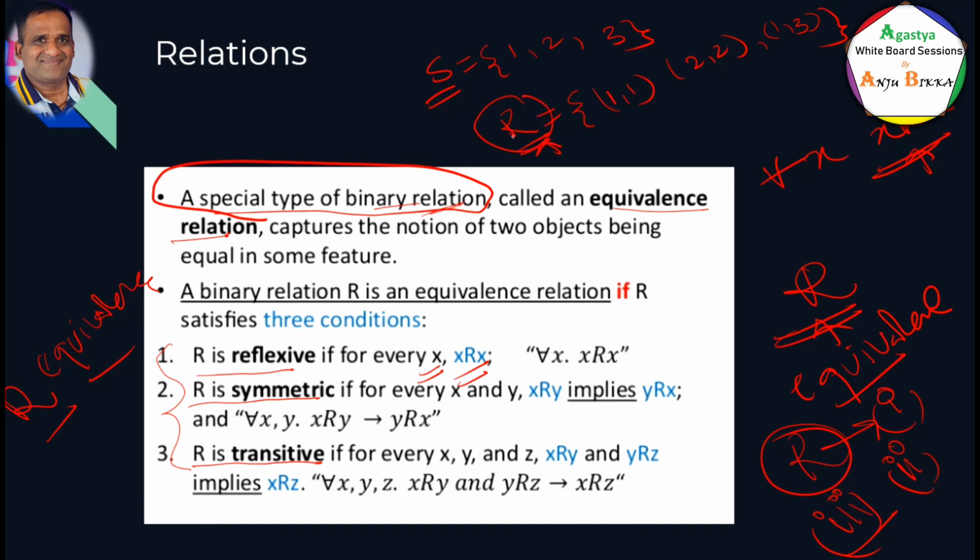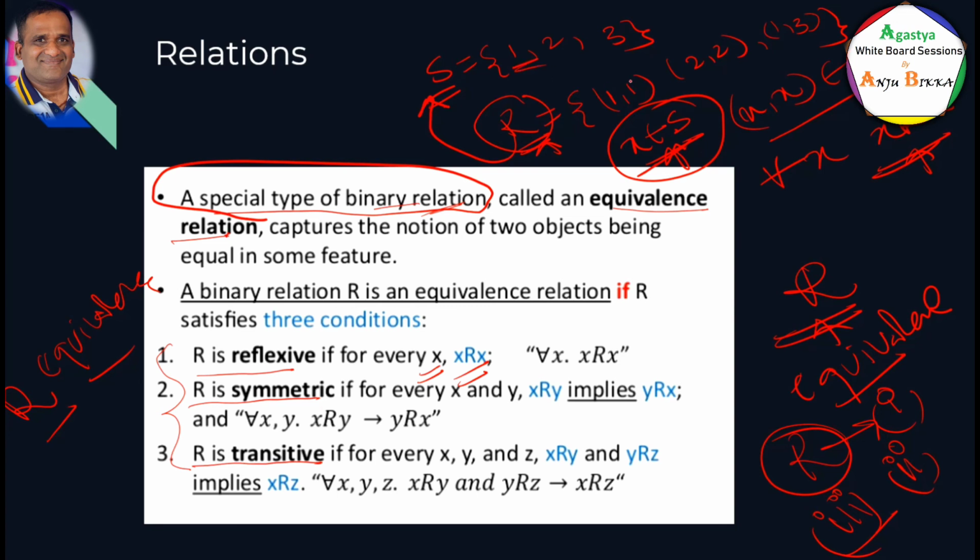We can check whether this relation over set S is reflexive or not. According to the definition, for every x belongs to S, (x, x) needs to belong to R. That is what xRx means.